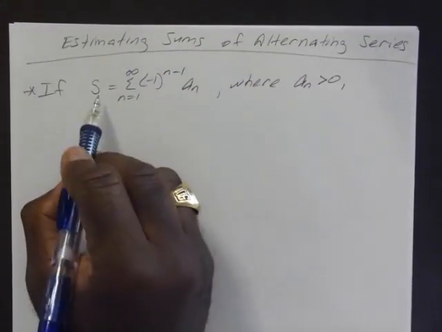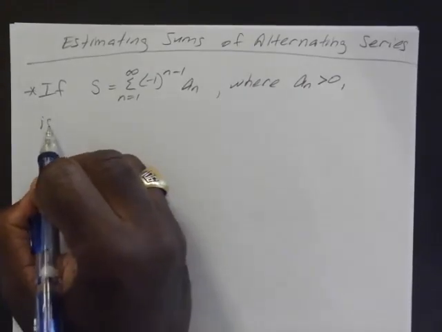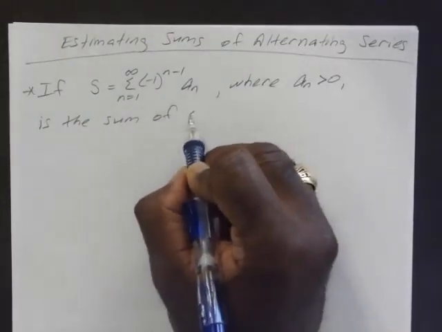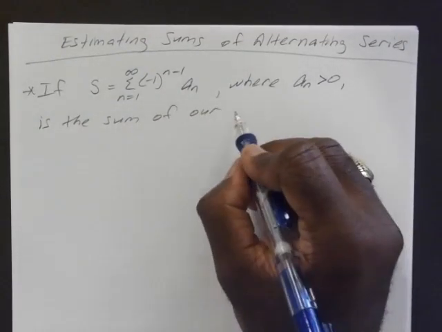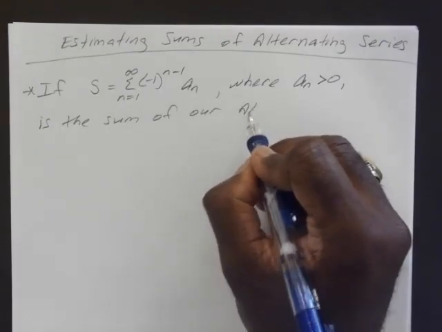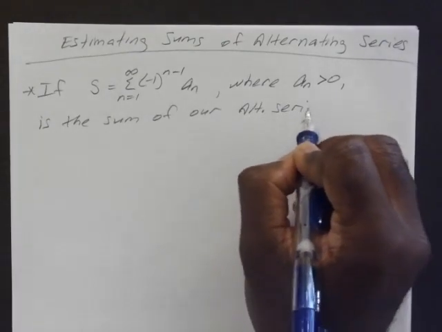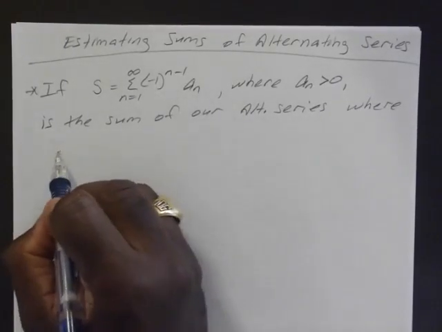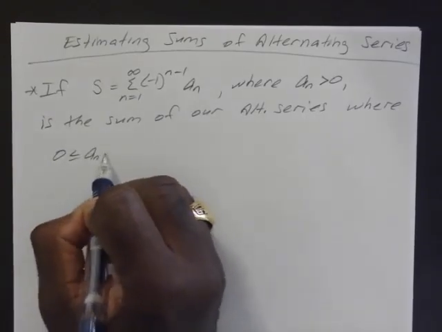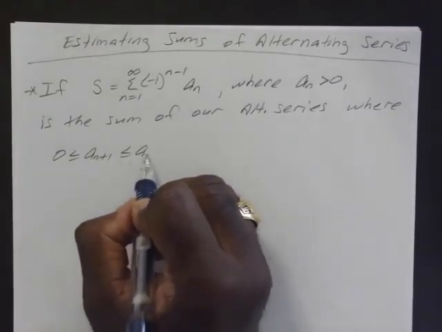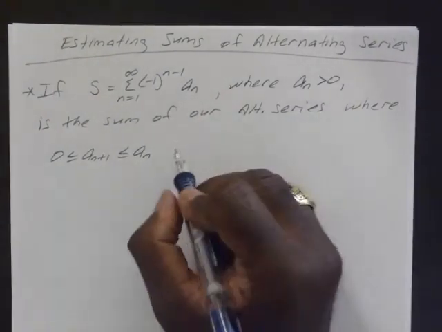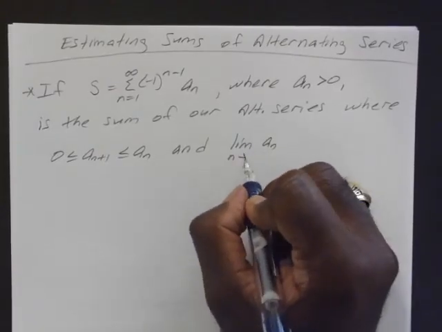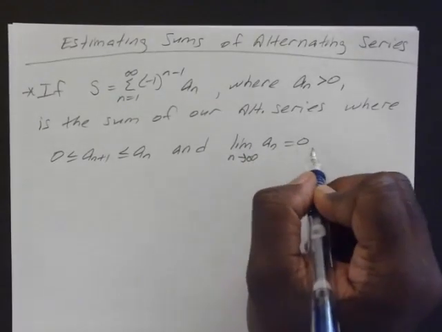And that represents the sum of our alternating series, where you know that it meets the condition that a sub n plus 1 is less than or equal to a sub n, and the limit of a sub n as n approaches infinity is equal to 0.